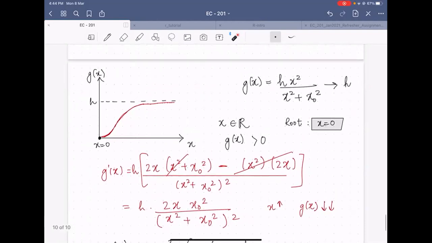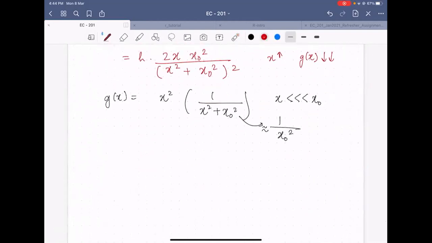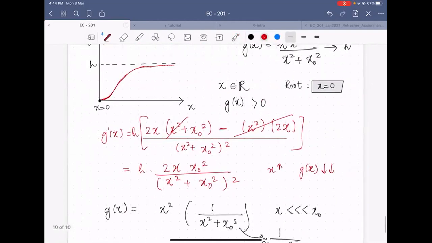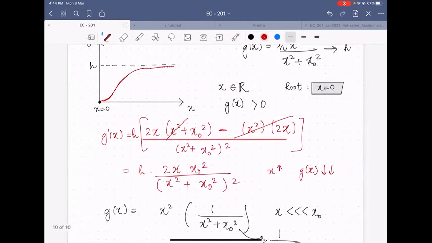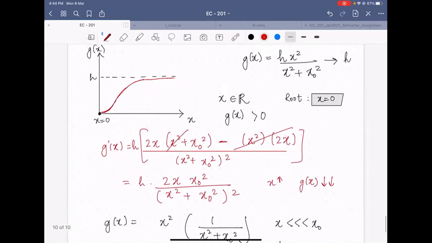Can you please show that difference again? Okay, I'll show you. The difference is here. Look at this part of the function. In the previous one the increase is linear.